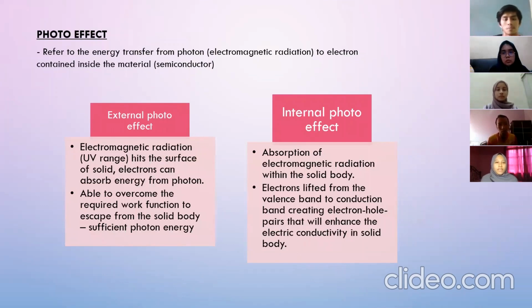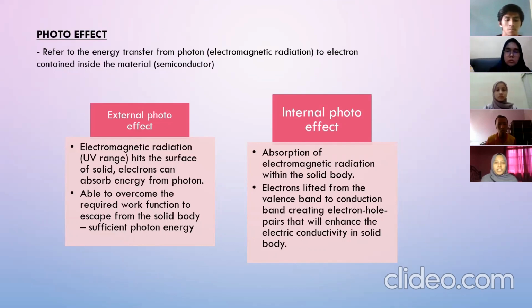External photoeffect occurs if electromagnetic radiation hits the surface of a solid body within the ultraviolet range, or UV range, and electrons can absorb energy from the photon. Then they are able to overcome the required work function to escape from the solid body, provided there is sufficient photon energy.